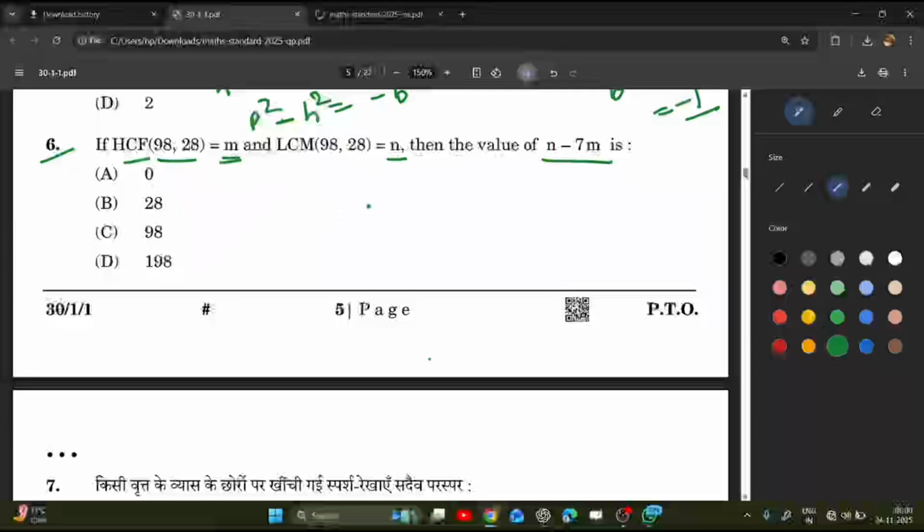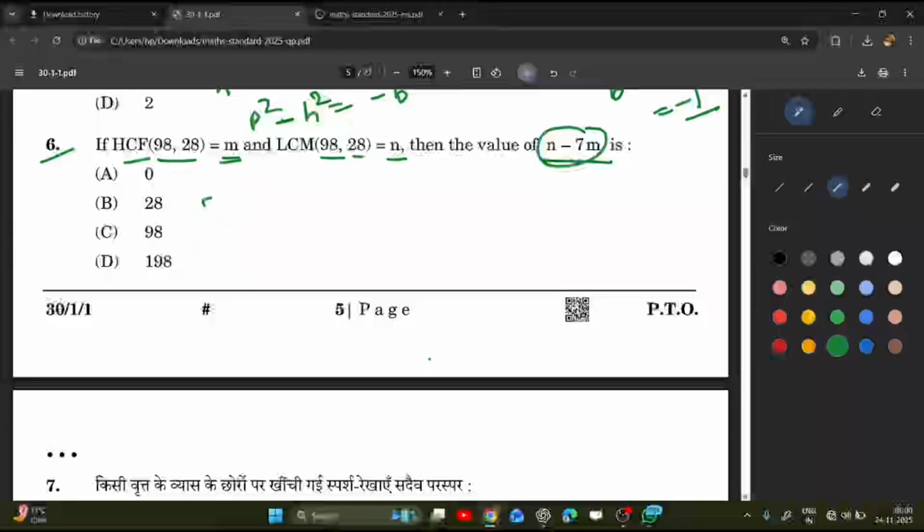Now to find the value of n minus 7m, we need n and m. How do you find this n? N is the LCM of 98 and 28. M is the HCF of 98 and 28. So we can easily find the HCF of 98 and 28, which will be my m.